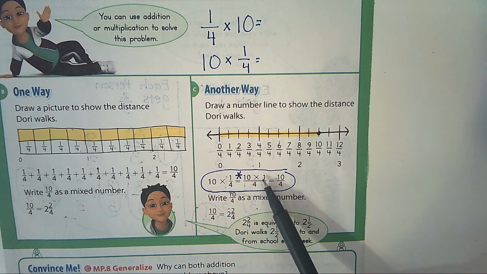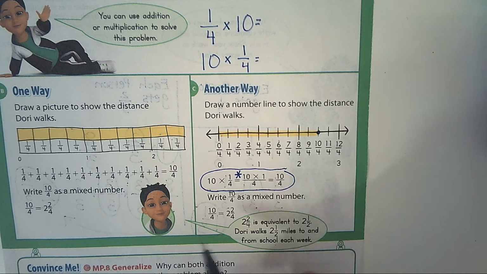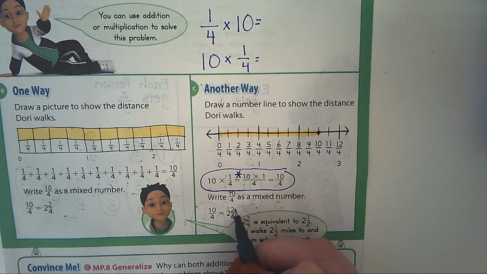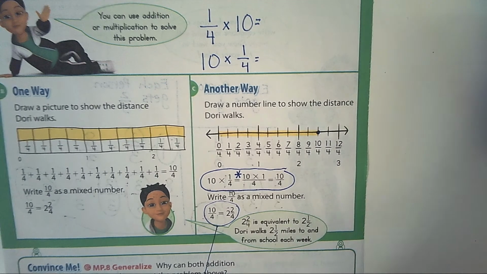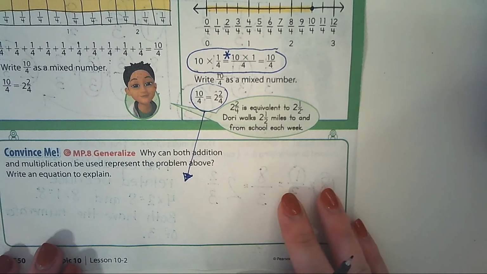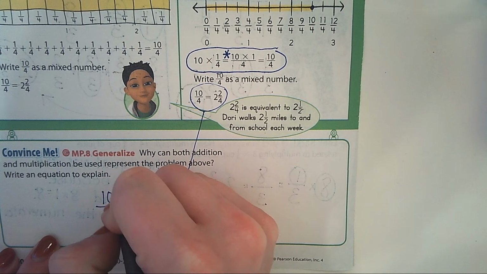So we're doing 10 times 1 over 4, which equals 10/4. Then you have to write 10/4 as a mixed number. So they don't show that step, but I'm going to break it down over here in the Convince Me because we're not doing the Convince Me today. I'm going to show you how to break apart 10/4 into a mixed number.